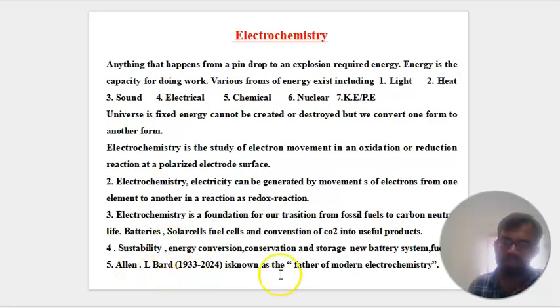So sustainability, energy conversion, energy conservation and storage, new battery systems, and fuels are some examples of electrical energy. Alan J. Bard, 1933 to 2024, is known as the father of modern electrochemistry. He is one of the fathers of modern electrochemistry.